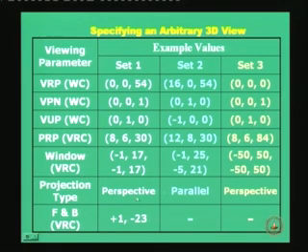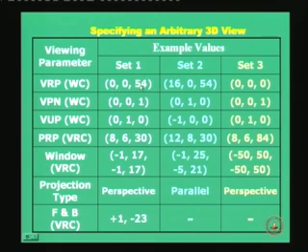The projection type could be perspective or parallel, and you can also have the front plane and the back plane coordinates defined. It is optional with respect to VRC, and the values are given for set 1. You may not define them since it is optional. Set 2 and set 3 do not contain the values for the front clipping plane and the back clipping plane with respect to the view reference coordinate systems.